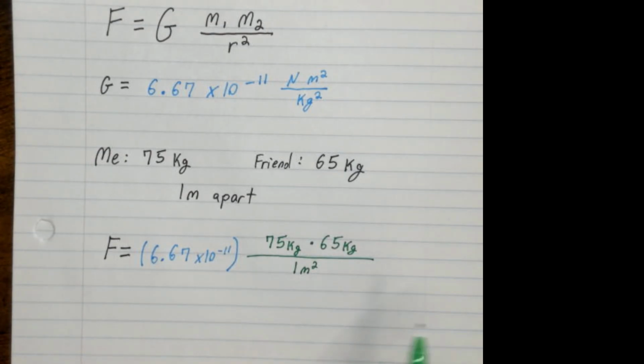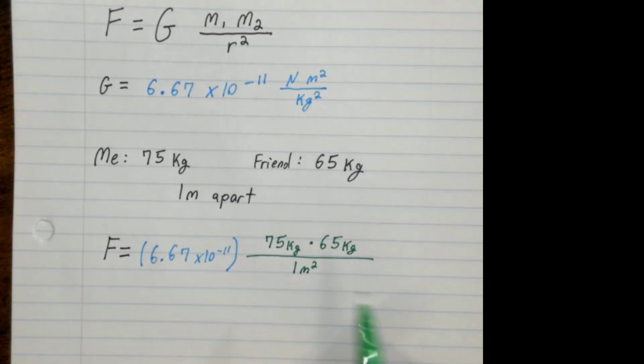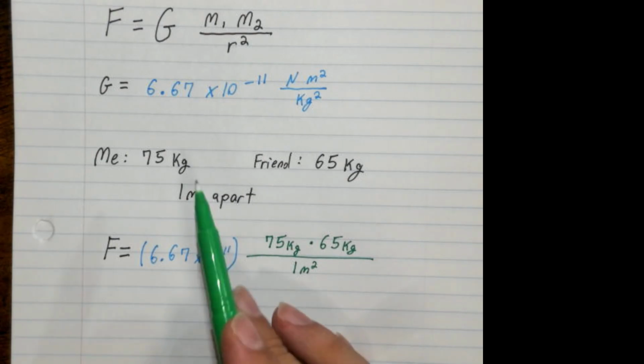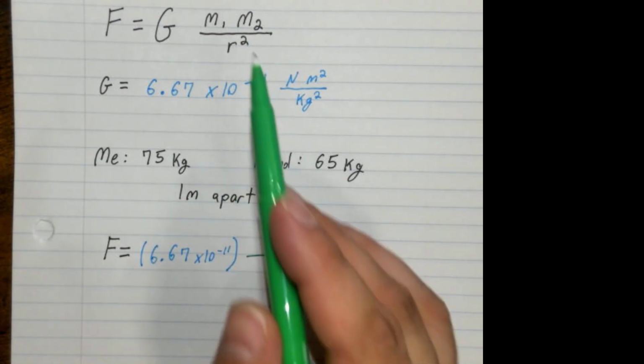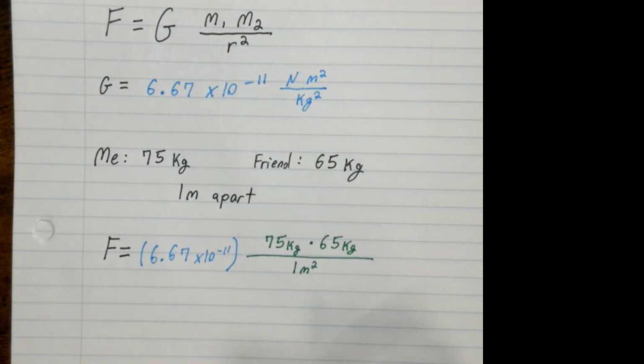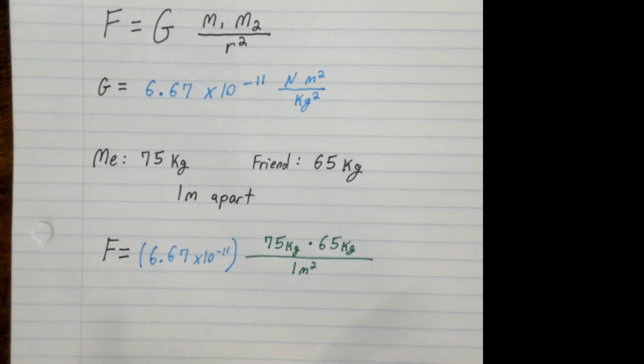So if we were 2 meters apart, then it would be divided by 4 meters squared. If we were 3 meters apart, it would be 9 meters squared. So you kind of see how this inverse square law is usually what this is. This kind of phenomenon is how gravity is going to start reducing really fast if I've got more and more distance in my denominator here.